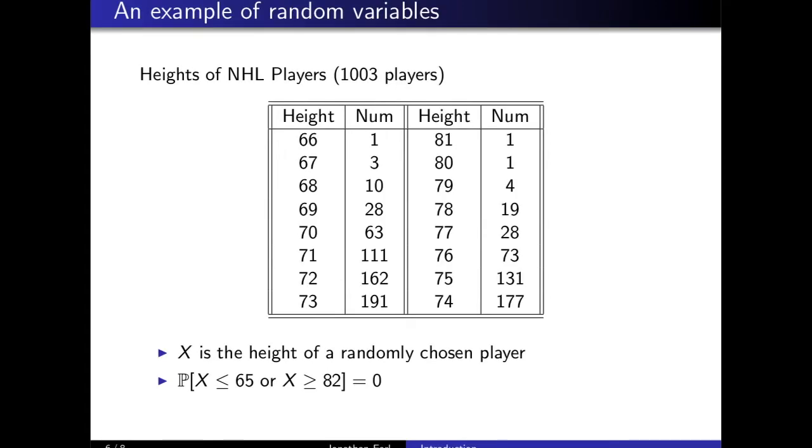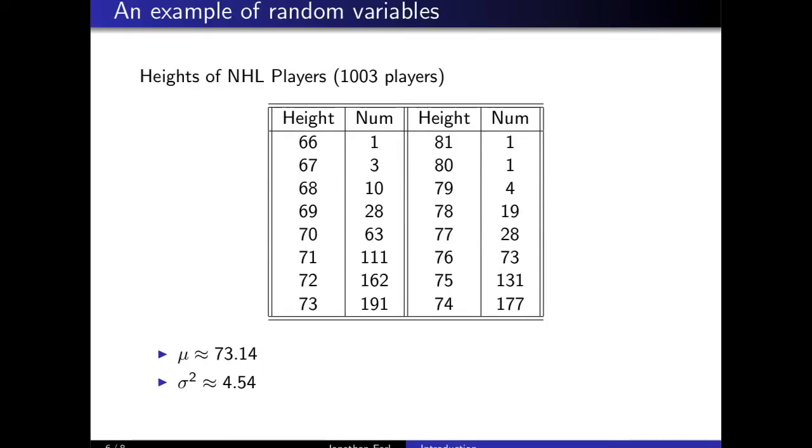How about the probability that we get a player that has height that is less than 65 inches or bigger than 82 inches? Well, there the probability is going to be 0 because there is no player that is 5'5" or shorter or 6'10" or taller. So there are no ways that that can be achieved. So we wind up with a probability of 0.